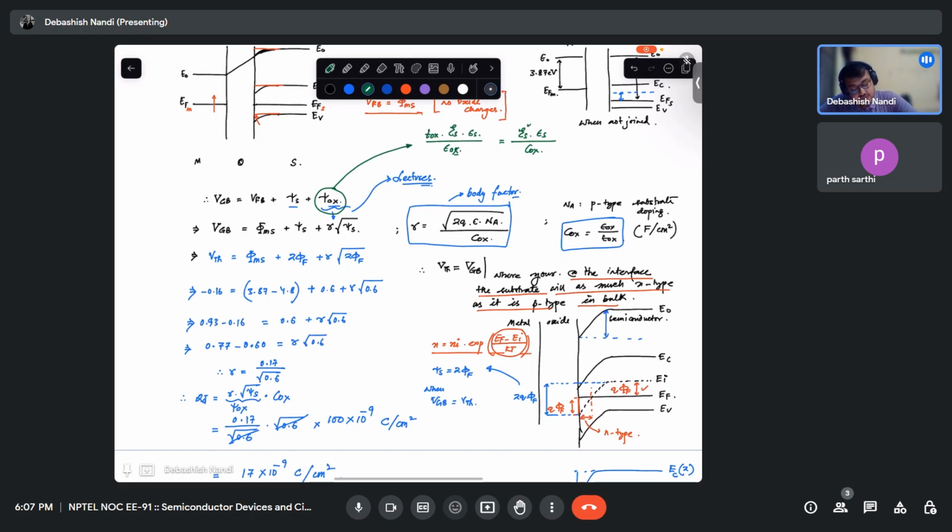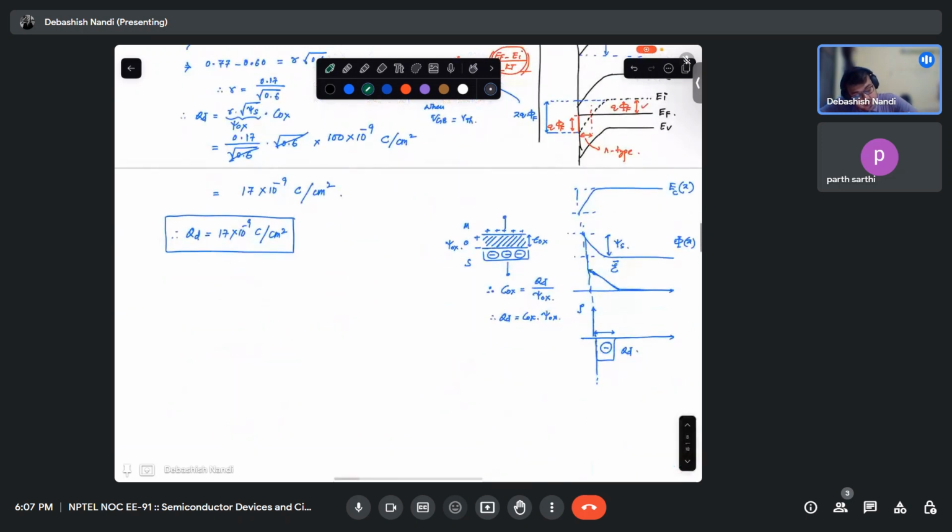So what is your Es? Es is this quantity, right? So this is Es, let's say this is your W depth. So half into Es times W depth should be equal to your psi s, right?